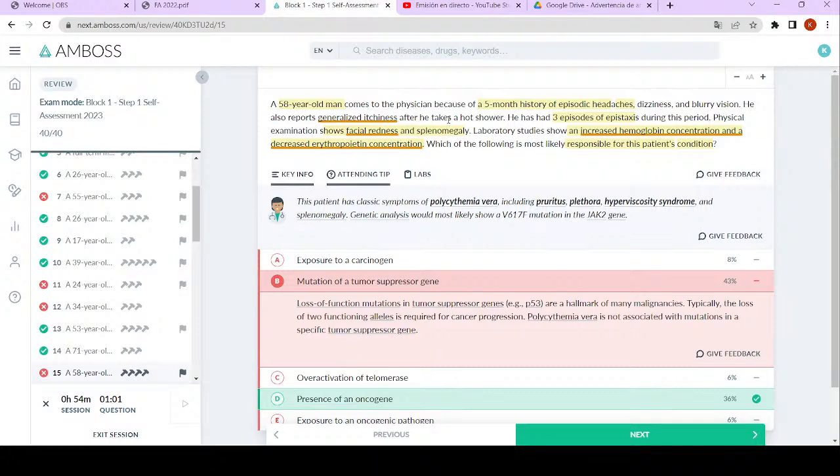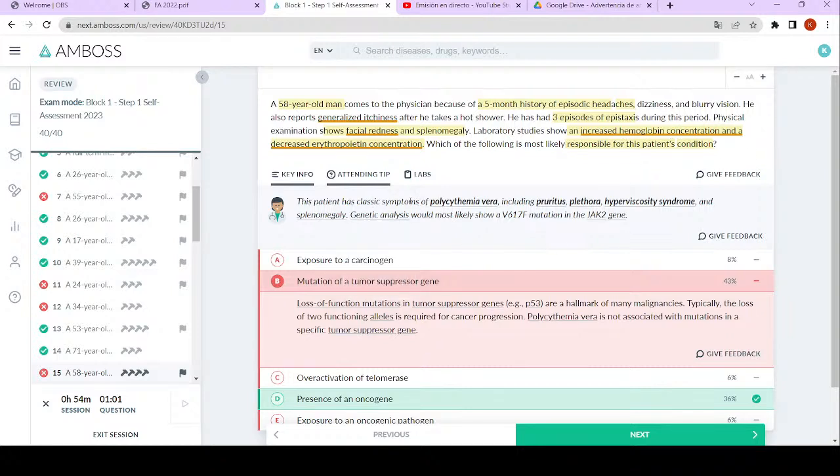He has had 3 episodes of epistaxis during this period. Physical examination shows facial redness and splenomegaly. Laboratory studies show an increase in hemoglobin concentration and decreased EPO concentrations. Which of the following is most likely responsible for this patient's condition?